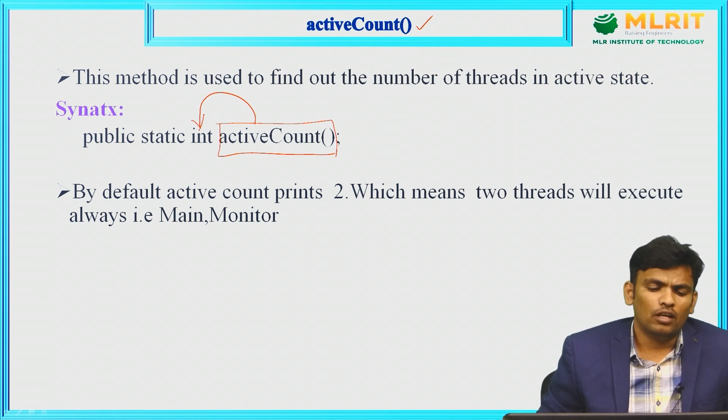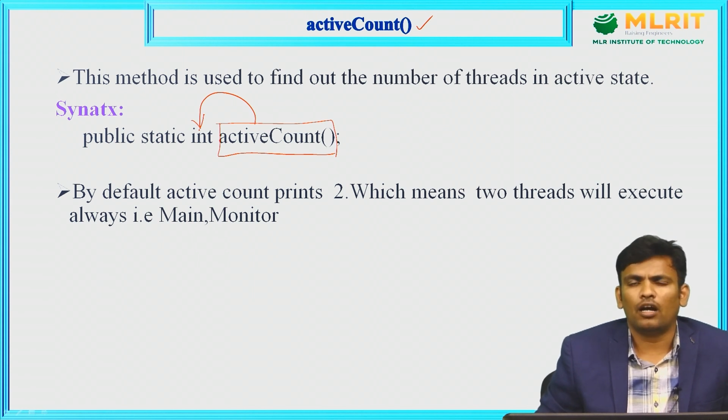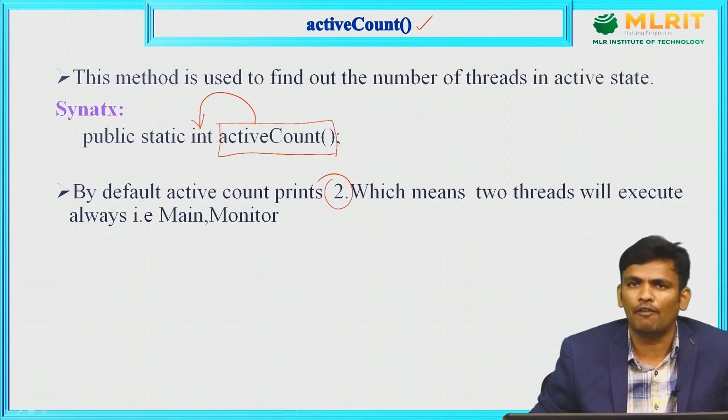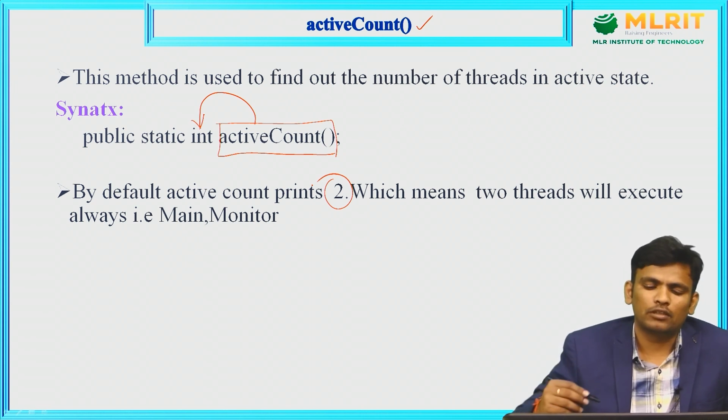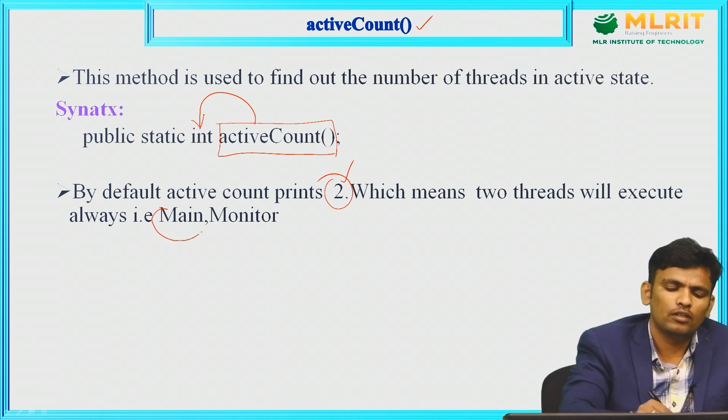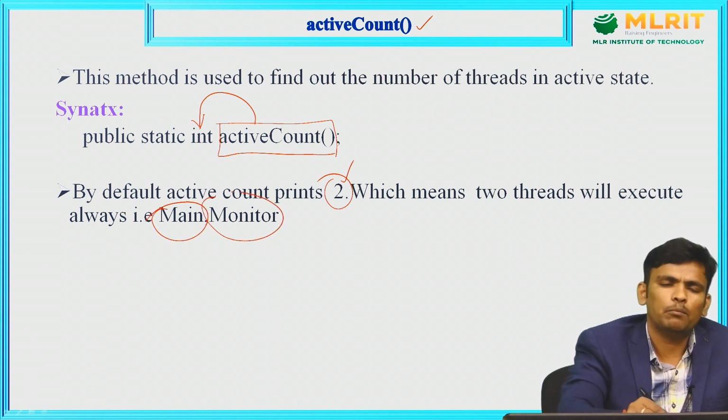Now if you are not using any other thread, in a simple Java program how many threads will run? It will run 2 threads. By default, for every Java program the thread count is 2. So what are the 2 default threads? One is the main thread and the second one is the monitor thread.